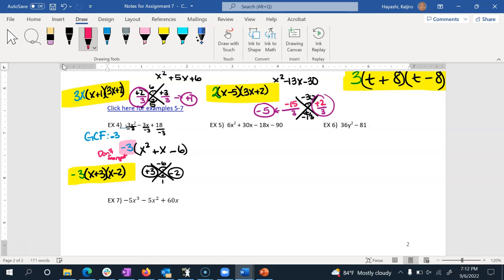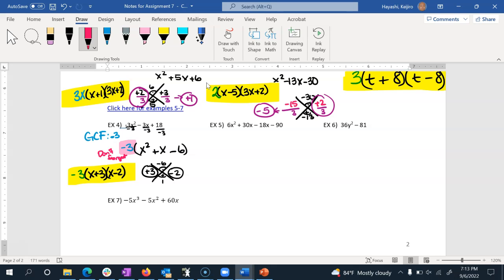This one's kind of a weird one. 4 terms. Might not have seen this in a while. But this is going to be, well, first of all, as you should always be asking yourself, is there anything that you can factor out of all these terms? Oh yeah, right, 6.